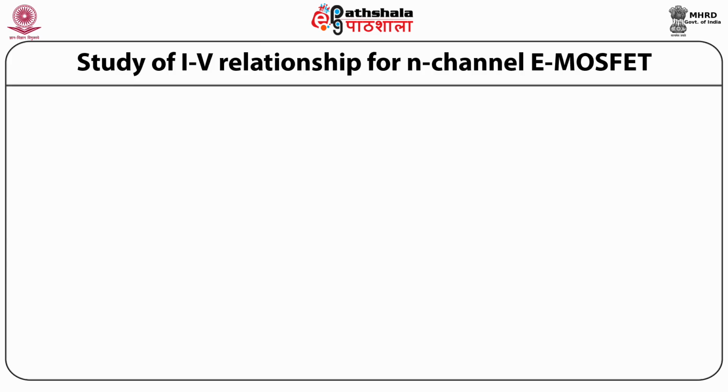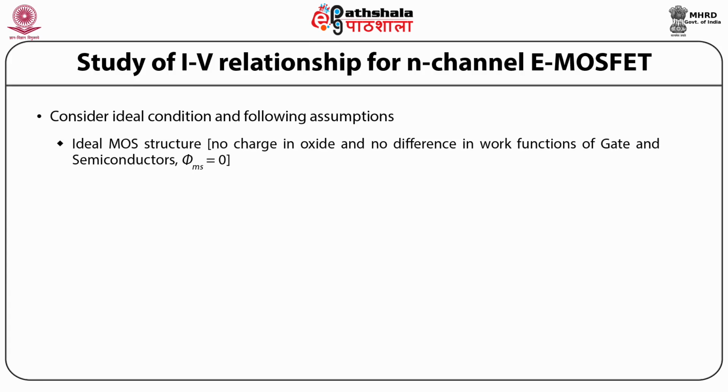Before doing that, let us consider certain ideal conditions and the following assumptions. Number 1, the ideal MOS structure, that is, there is no charge in the oxide and no difference in the work functions of gate and semiconductor, that is phi ms equal to 0.